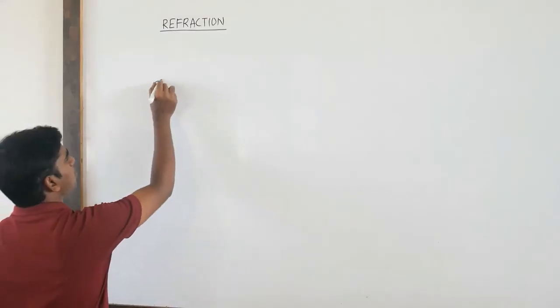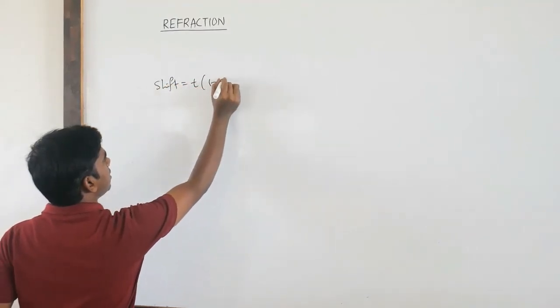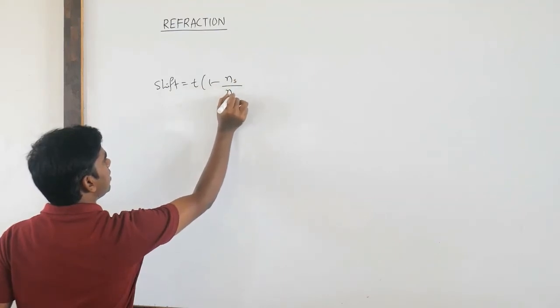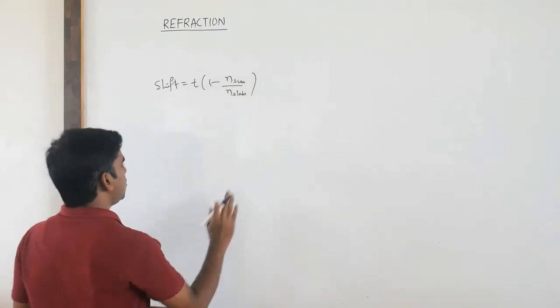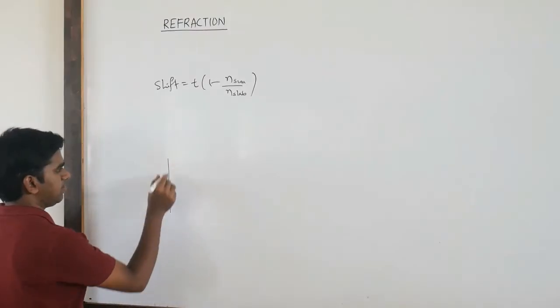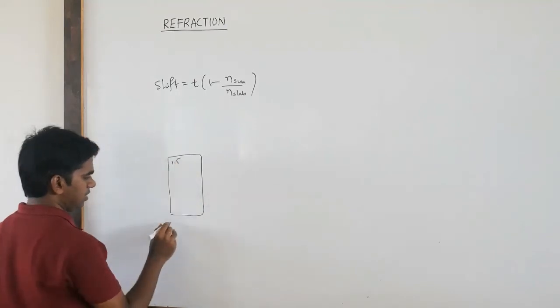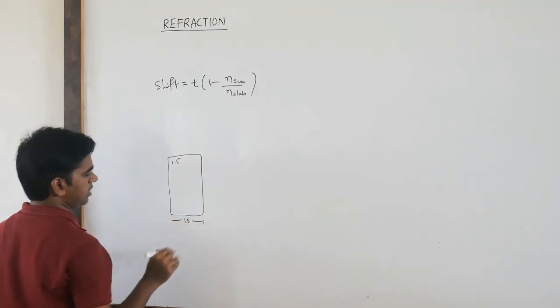For the glass slab, we got shift equals thickness into 1 minus refractive index of surrounding divided by refractive index of slab. Suppose there are a number of glass slabs. Suppose you have one glass slab here of refractive index 1.5 and thickness 15 centimeter.